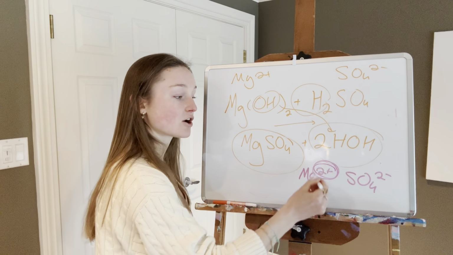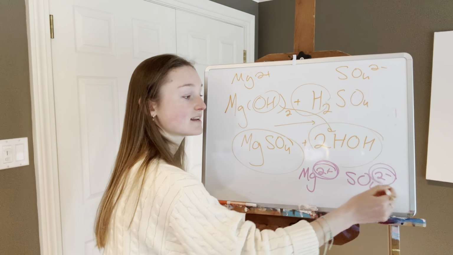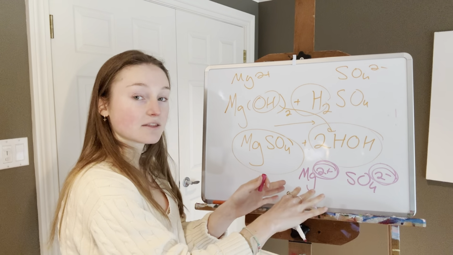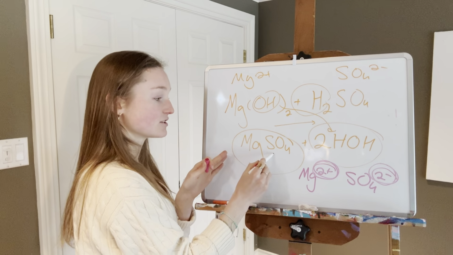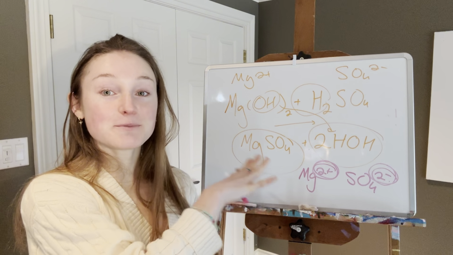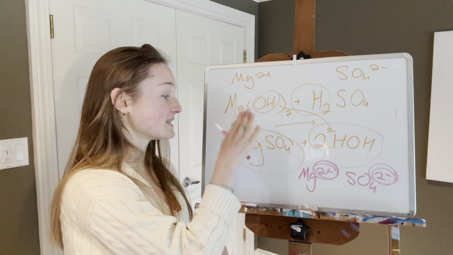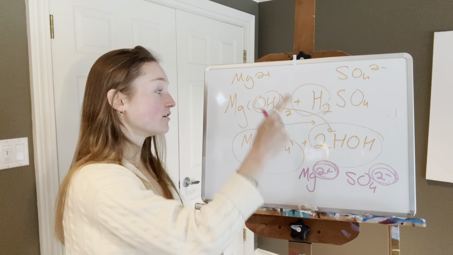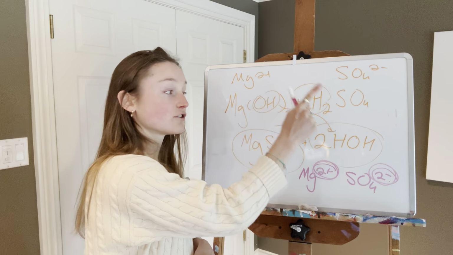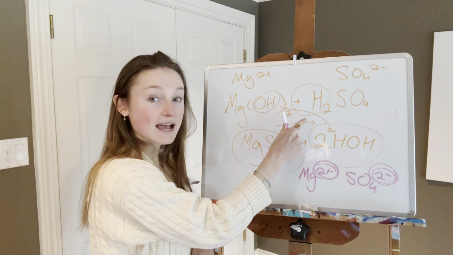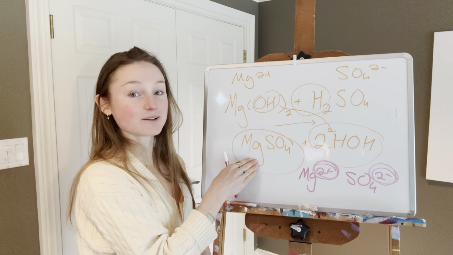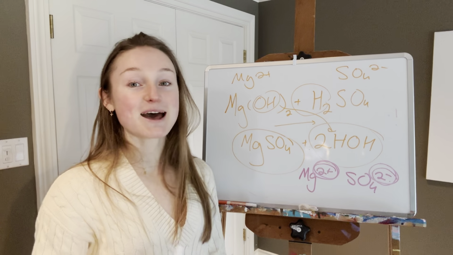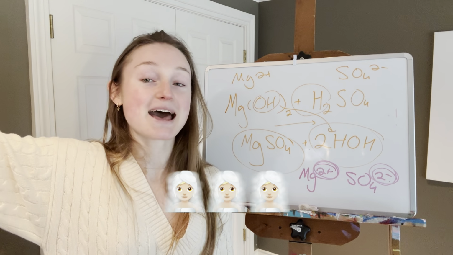This positive charge is attracted to this negative charge, and so these two ions will come together and make MgSO4. This is literally how you make Epsom salt. Epsom salt is MgSO4. It is made by the chemical reaction of magnesium hydroxide and sulfuric acid. Those two things react together to make Epsom salt and also a water molecule. Then you're going to pop Epsom salt into your bath and have a nice, relaxing wellness moment bath.